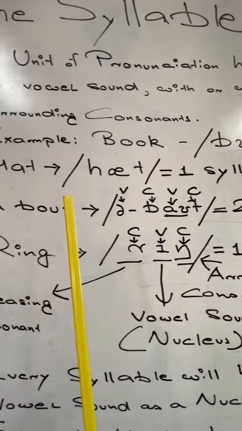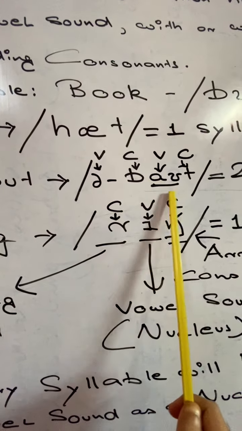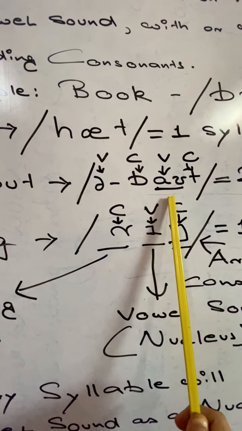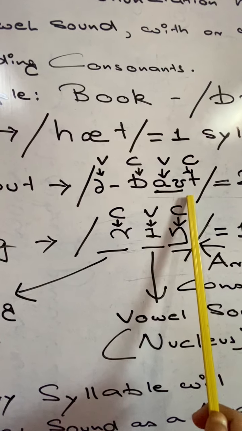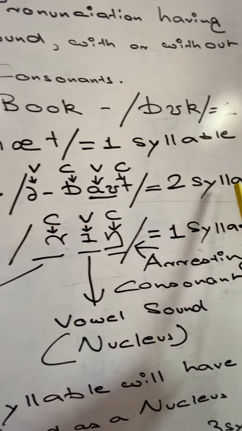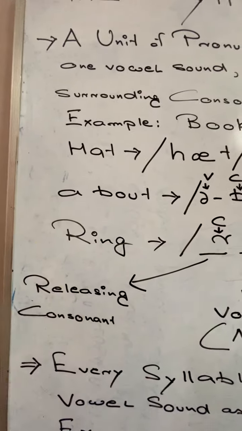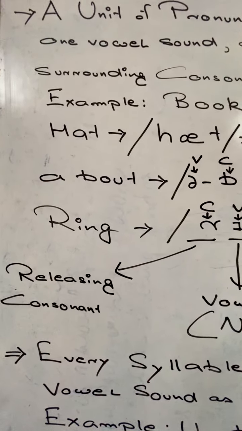In about, there are two syllables. You can break this word into two parts, a and bout. This is the symbol of a, and this is bout. How many syllables are here? There are two syllables in about. As simple as that.